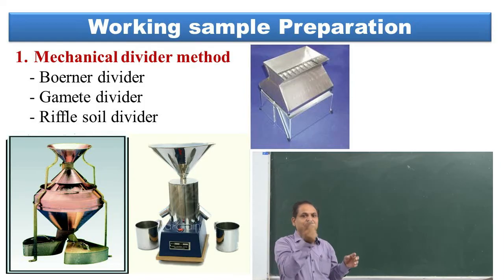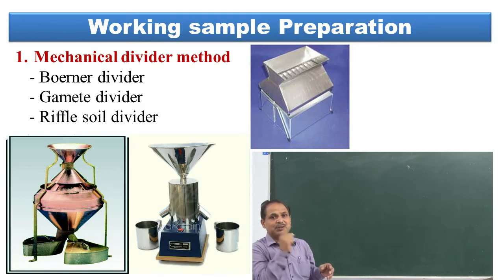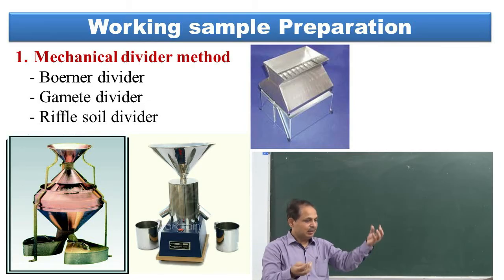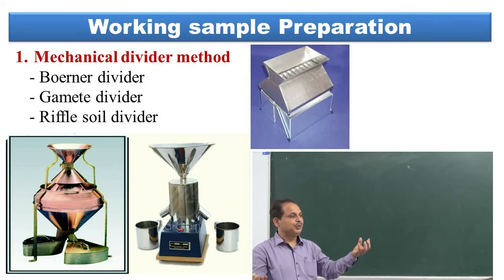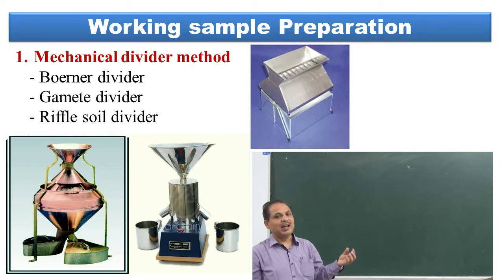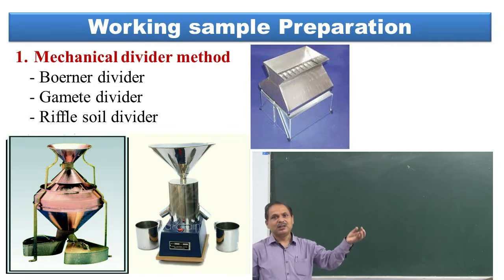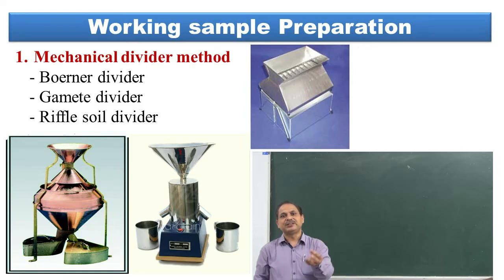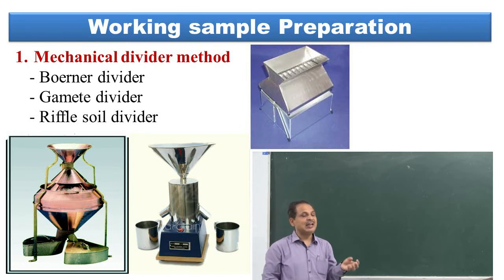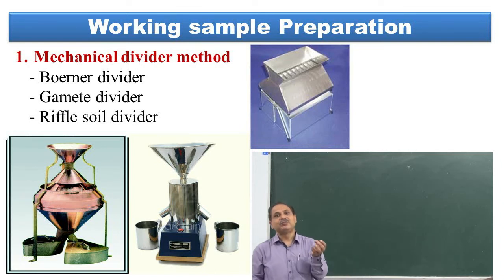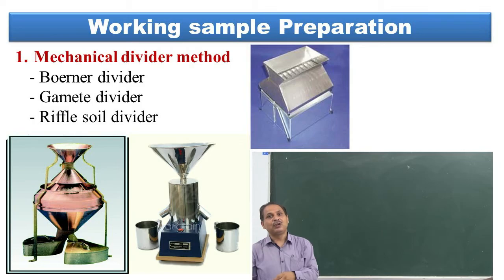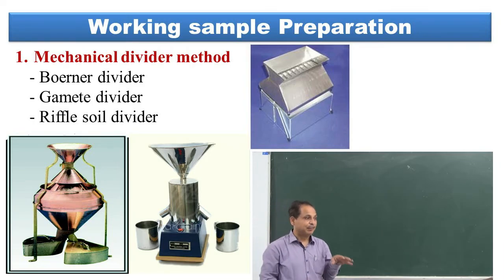The seeds circulate by centrifugal force and are distributed into two different seed slots, and we can remove one seed slot and consider one seed box for the preparation of the submitted samples or working samples, till the desired size of submitted samples or working samples is prepared.